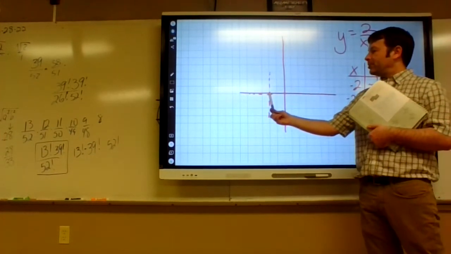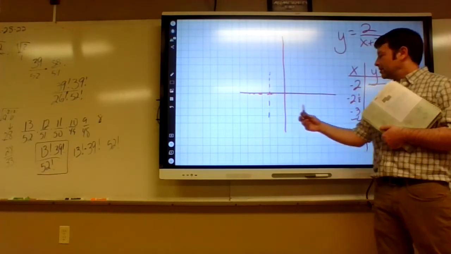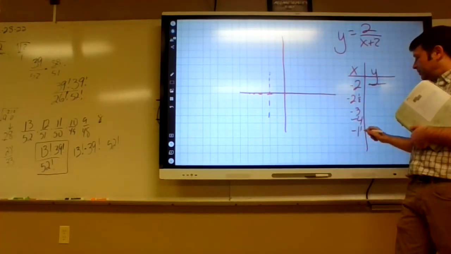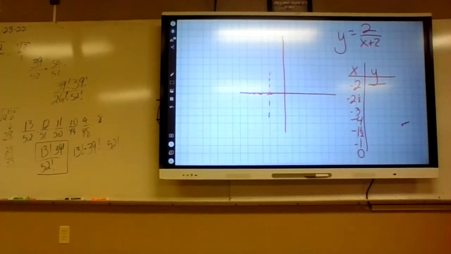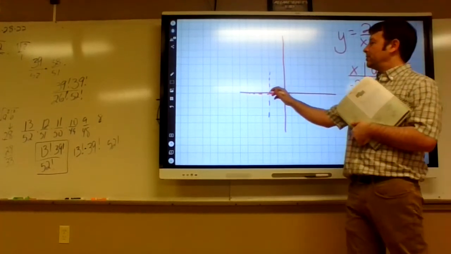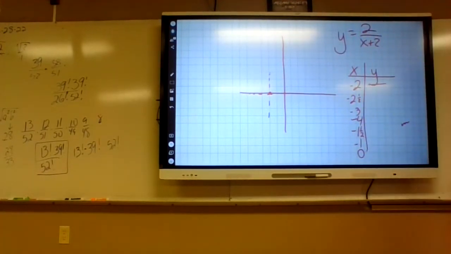What's a half step away from -2 in this direction? -1.5. Which means I also am going to use -1 and 0. So those are the 6 we chose. We chose x values that are closest to the vertical asymptote. And then we plug stuff in and then we graphed it.